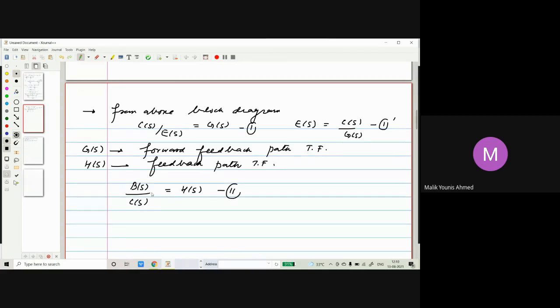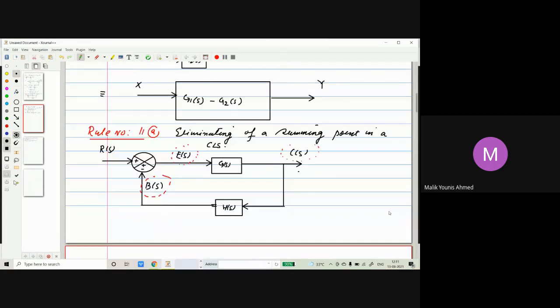Now let's go to the output of the summing point. The output of the summing point is given by, you can have a look here.